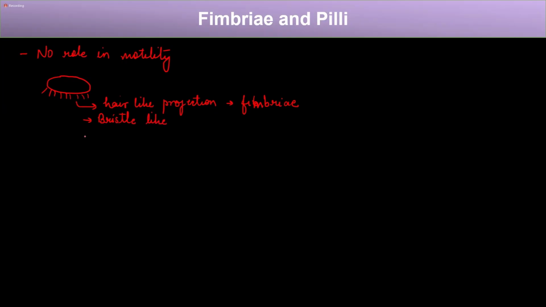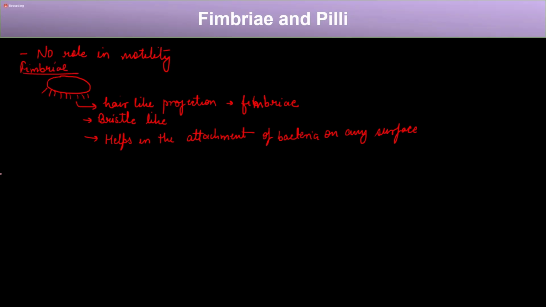And what is its function? It helps in attachment. Suppose this bacteria wants to attach over a certain surface. It helps in the attachment of bacteria on any surface. So this is the role of fimbriae.